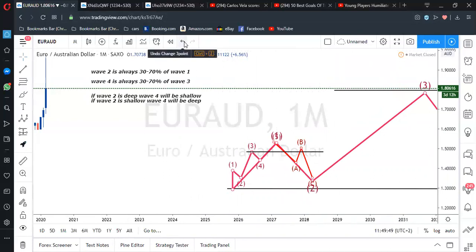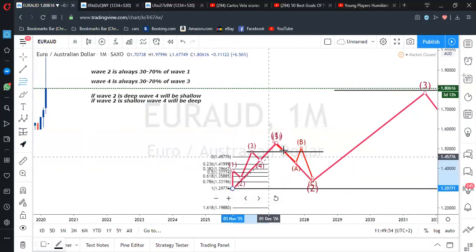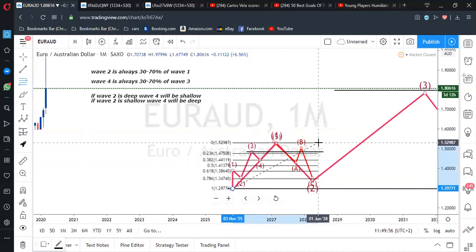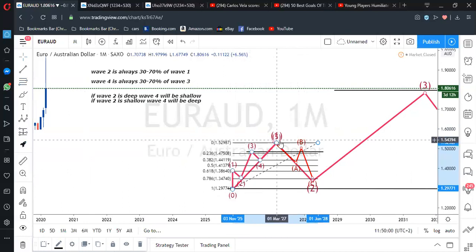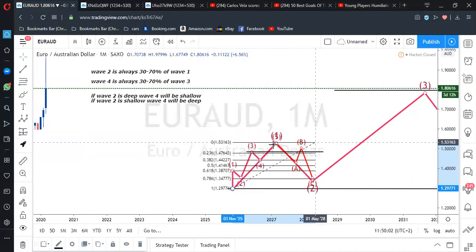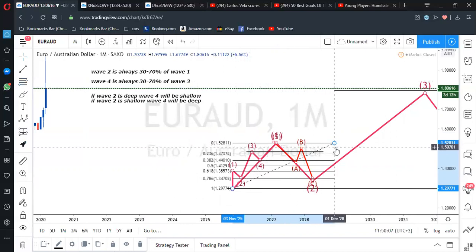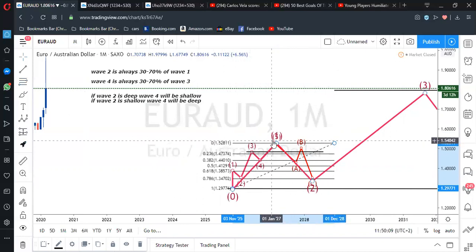And now let me add the Fibonacci retracement. You measure from the bottom here, and then you take it to the bottom of wave one. It doesn't necessarily have to be pinpoint like this because we just want to be able to see. You can also just put it at the side as long as it's at the same point where wave one would have ended, which would be here, right?